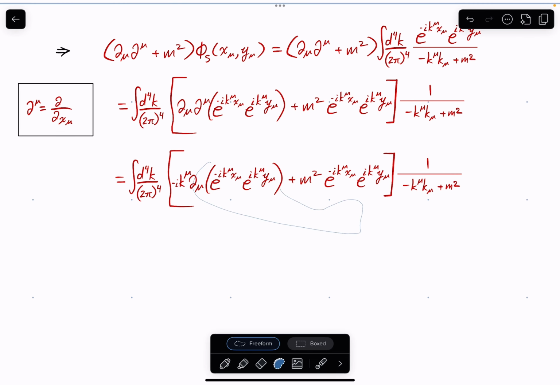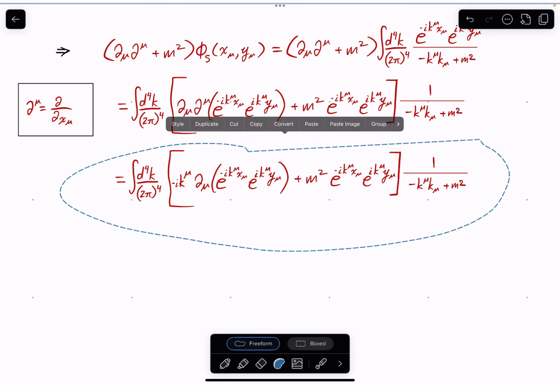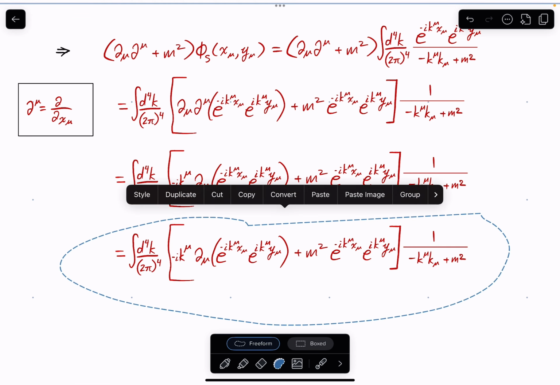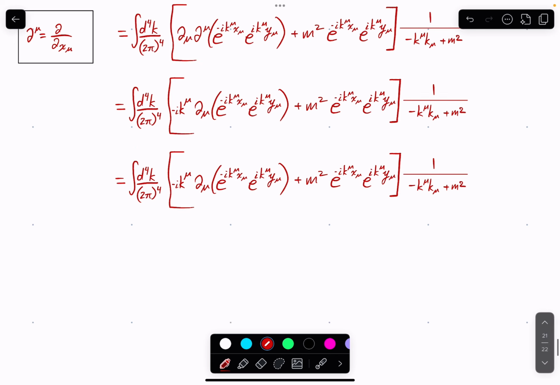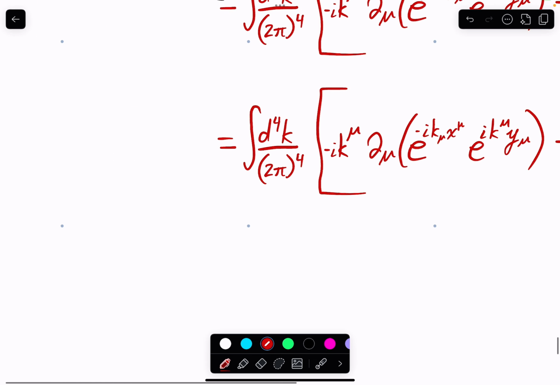And then taking the derivative one more time, what we can do is, because if we swap both indices at the same time, then it's exactly the same quantity.